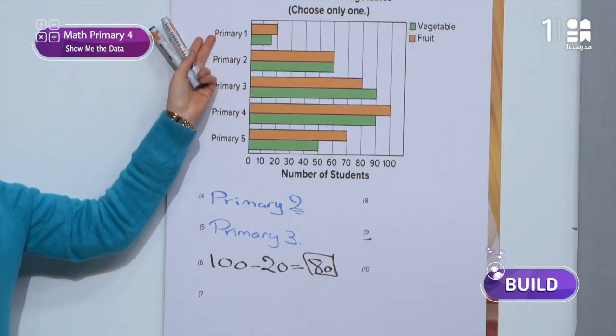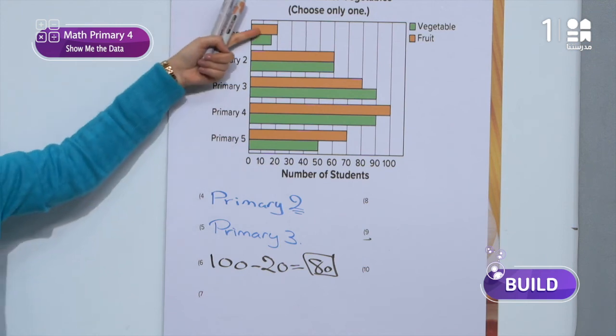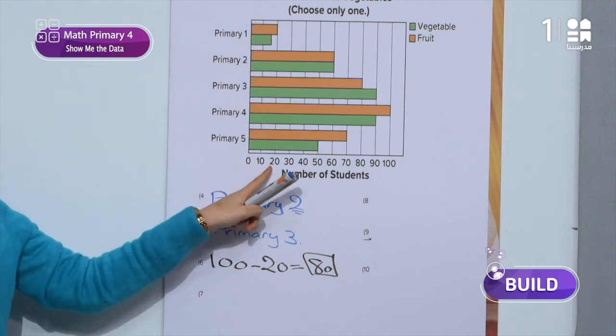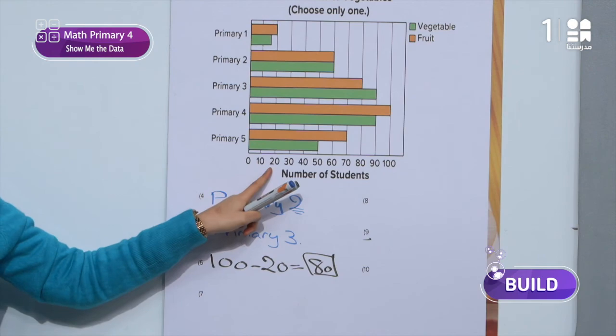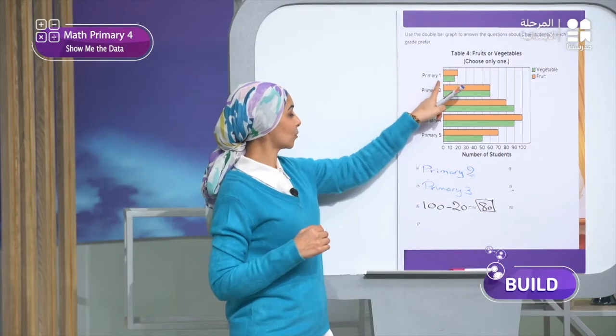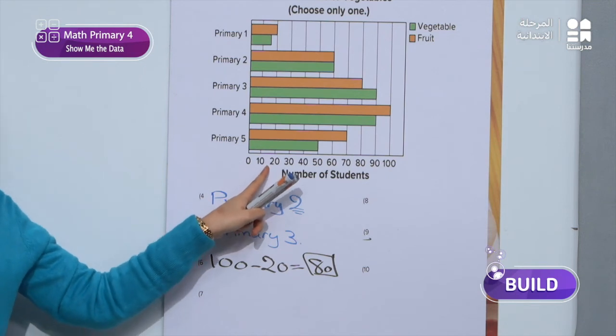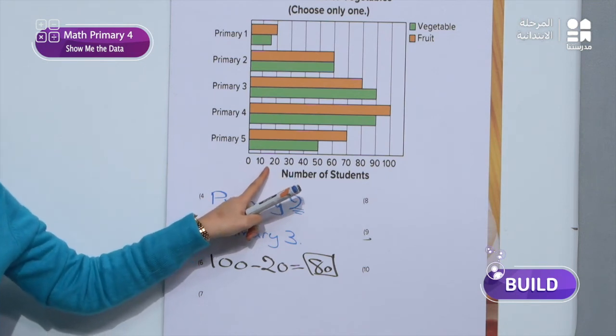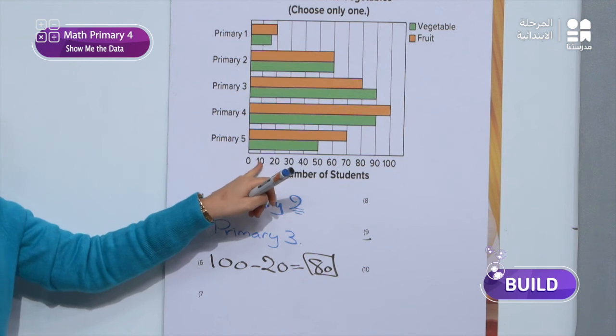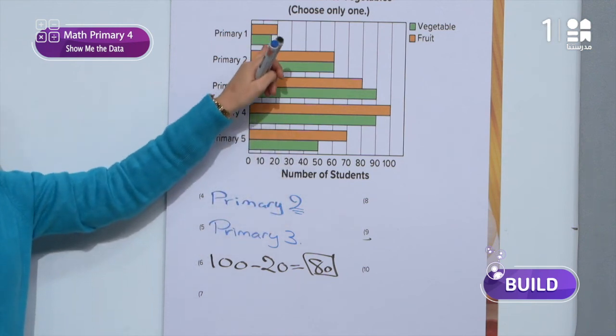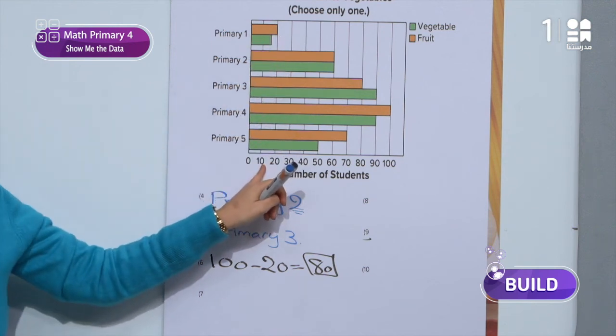The number of students who like fruit is what? Let's go to the fruit and go down: 20 students, right? The number of students who like vegetables, look here at the end of the bar, is what? Yes, it is about 15. Why do I say about 15? Because it is between 10 and 20. So it is about 15.